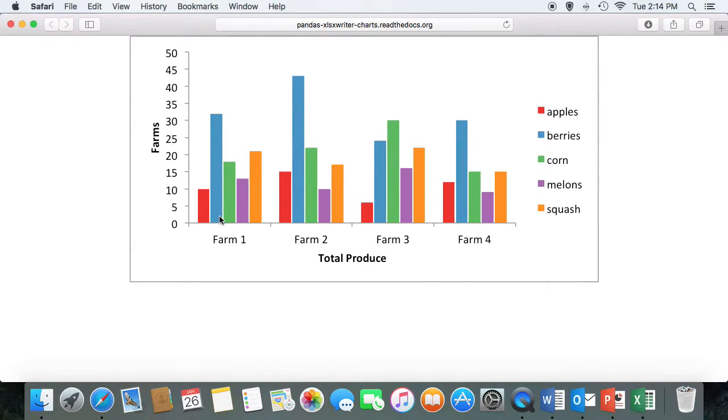So this particular one here has taken a look at the total amount of produce just down the bottom here, and the number of farms.